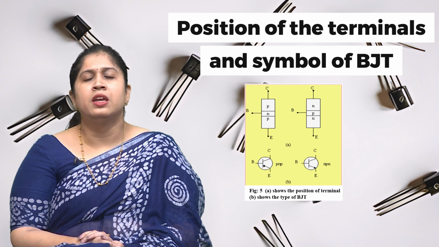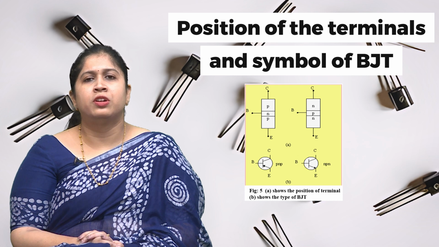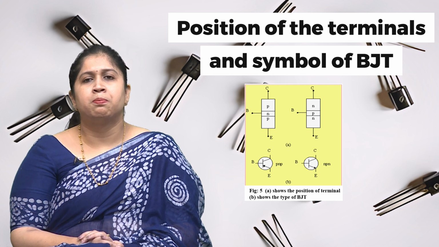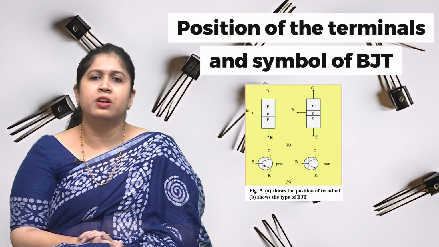Now we can see the difference between PNP and NPN in this figure. The position of the emitter terminal classifies which one is PNP and which one is NPN. This is clear from figure number 5.